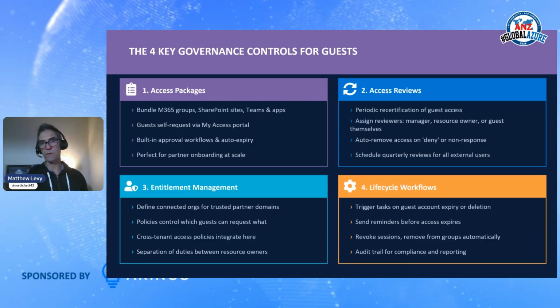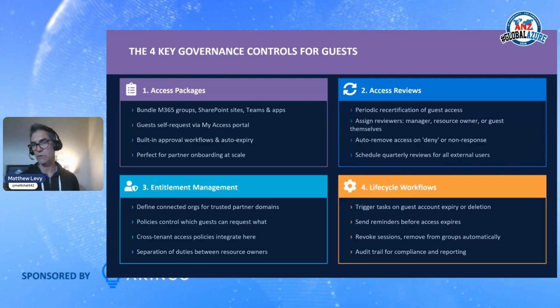Now let's talk about the 4 controls you should actually implement. This is the practical meat of the session. Access packages are your starting point for structured guest onboarding. Instead of ad hoc invitations and manual group assignments, you can create a package that bundles everything that an external partner needs.